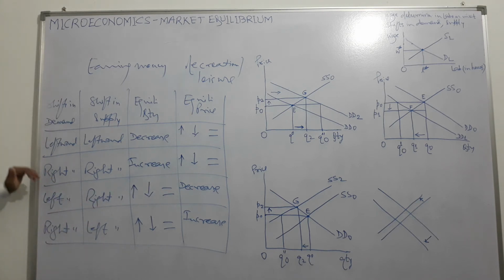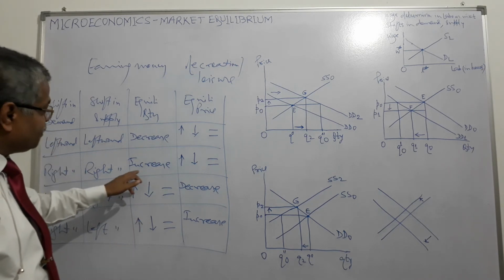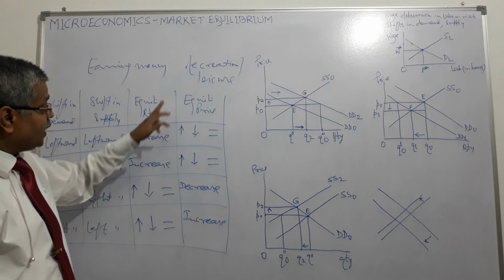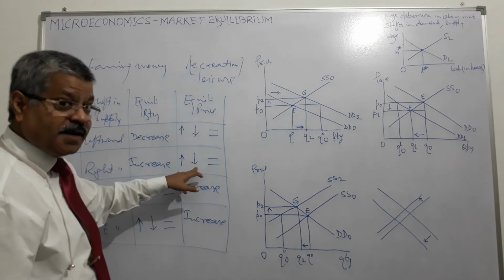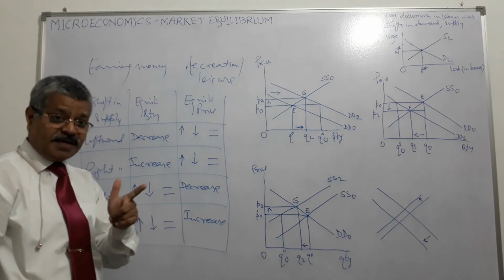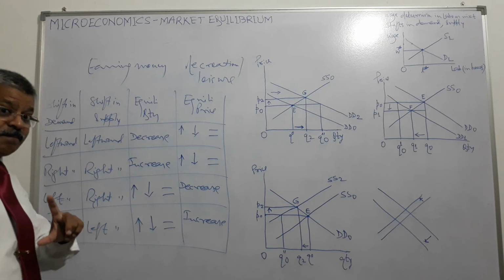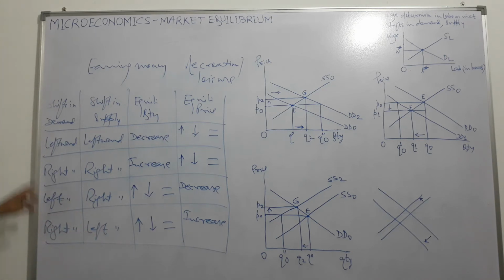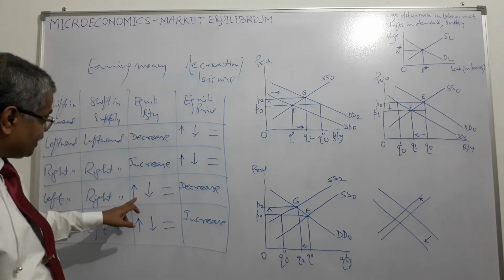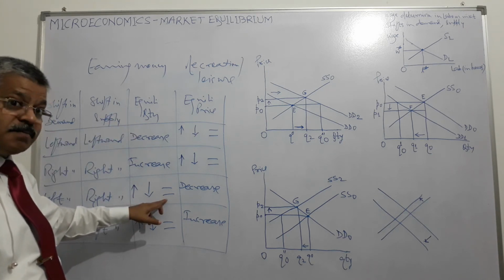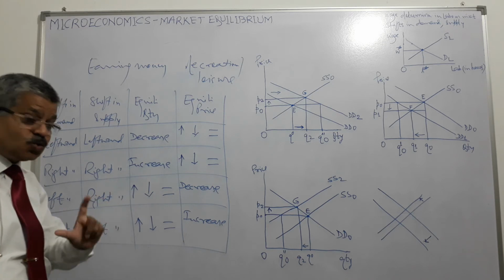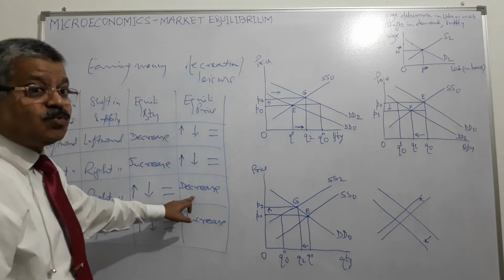When there is a rightward shift in demand and a rightward shift in supply, then equilibrium quantity will increase and equilibrium price may increase, may decrease or may remain the same, depending upon the magnitude of the shift. Then if there is a leftward shift in demand and a rightward shift in supply, equilibrium quantity may increase, may decline, or may remain the same, once again depending upon the magnitude of the shift, and equilibrium price will decrease.